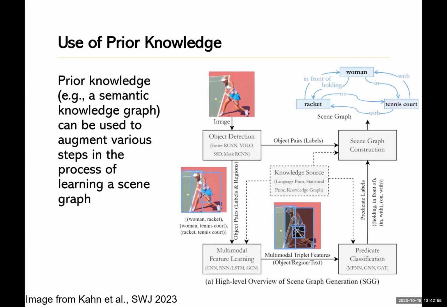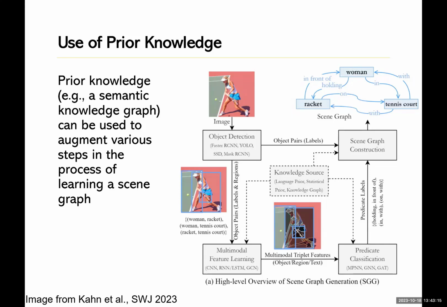So the use of prior knowledge. We'll talk more about this in detail, but basically, when you produce a scene graph, how do you take something like a knowledge graph, and we'll talk about knowledge graphs later, and use that to augment it?